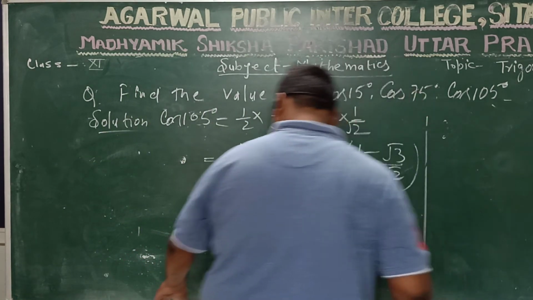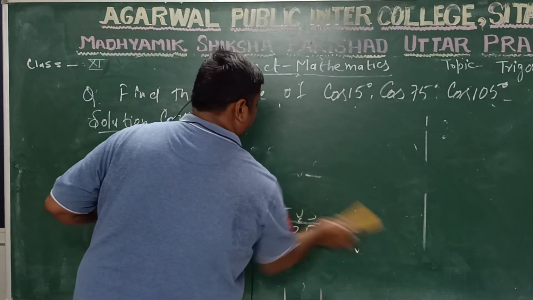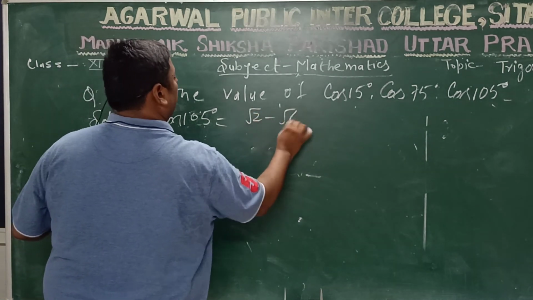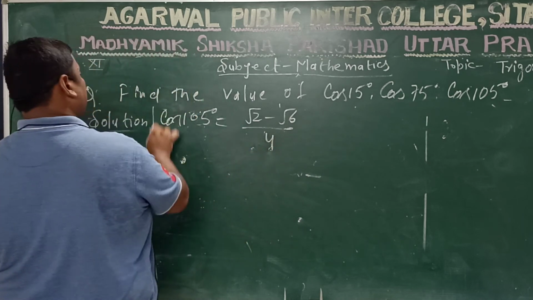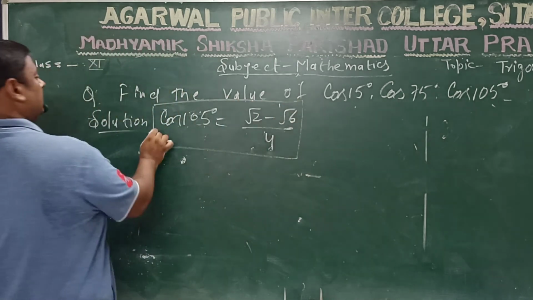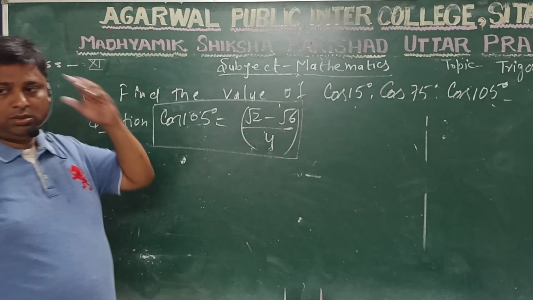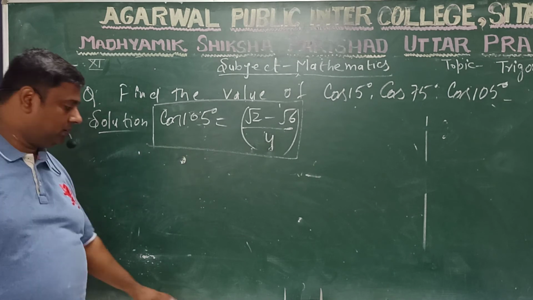So finally, the value of cos 105 is root 2 minus root 6 upon 4. Okay? Okay, thank you.